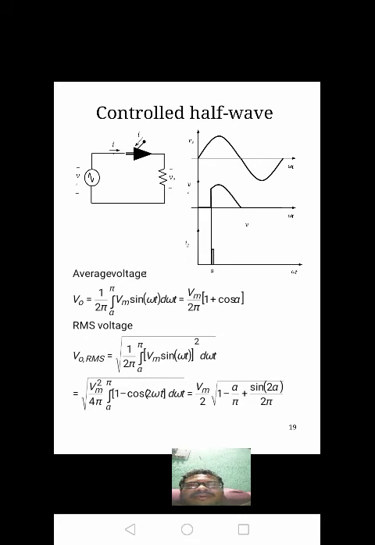The input waveform is a sinusoidal waveform during the positive half cycle and negative half cycle. The output waveform will be controlled. It does not directly follow the input waveform. Some time delay will be there, that is nothing but alpha. This is the firing angle. Why? Because we have to trigger the thyristor, and only then does current flow through the load.